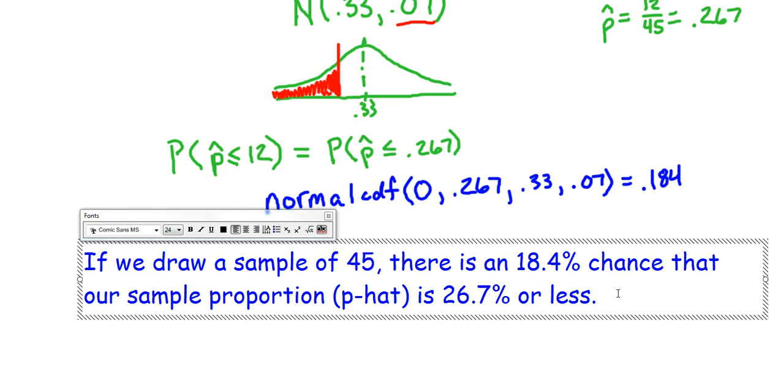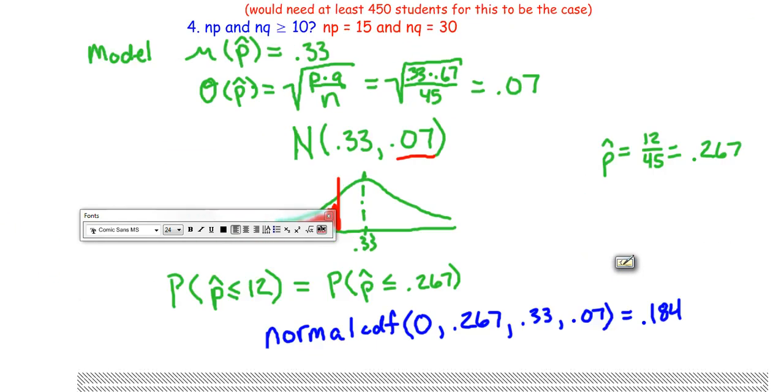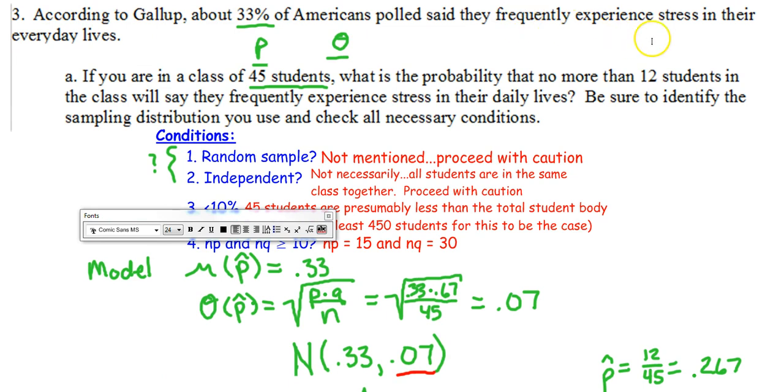And again, in context, this means that with a sample of size 45, 18.4% of the time our sample proportion will be 26.7% or less that say they frequently experience stress in their everyday lives.